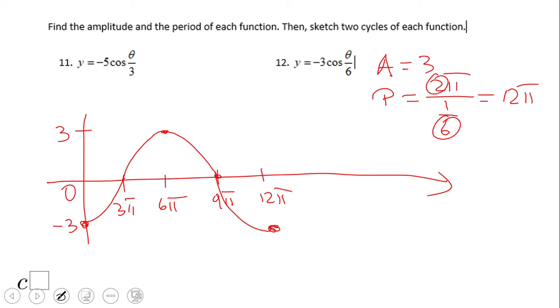Of course, you can do another cycle by going to 24 pi. And that's pretty much what we need.